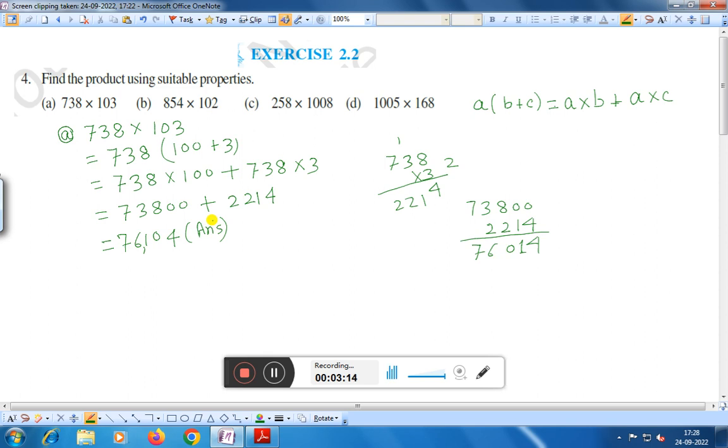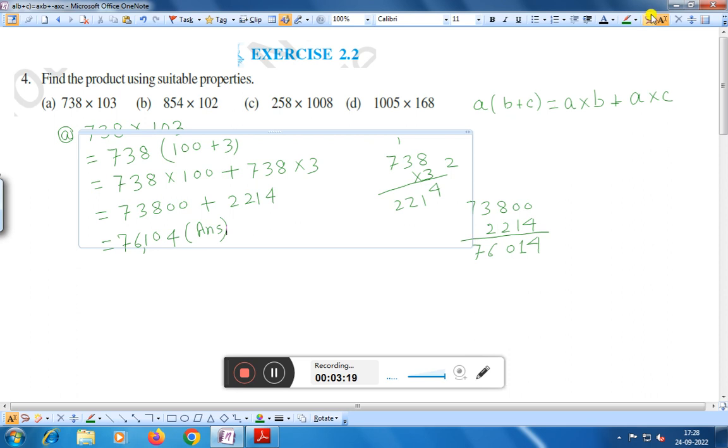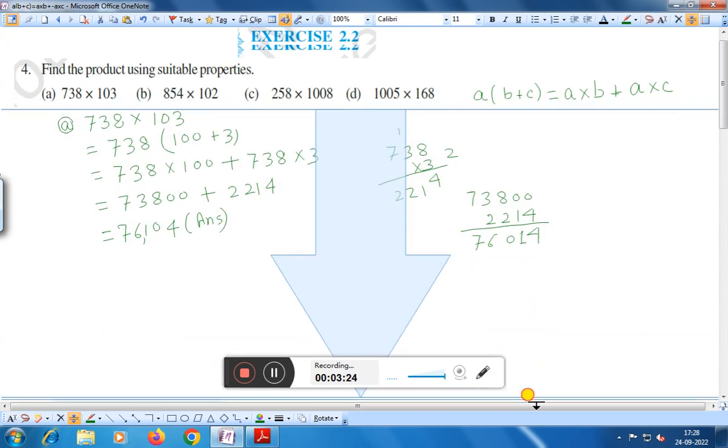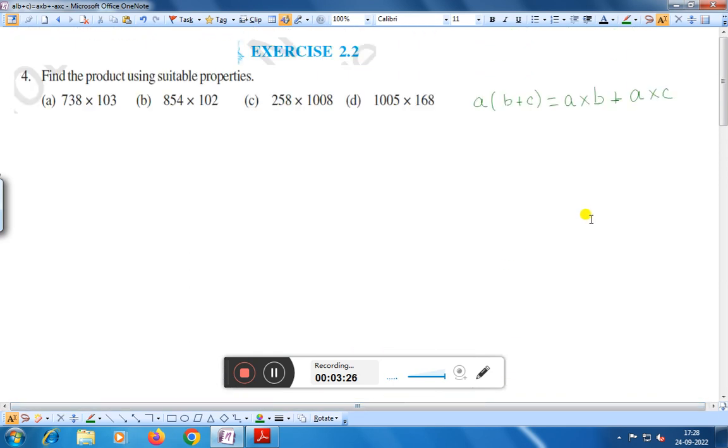Now we will do question number B. Now the B is, the number is given as 854 into 102.